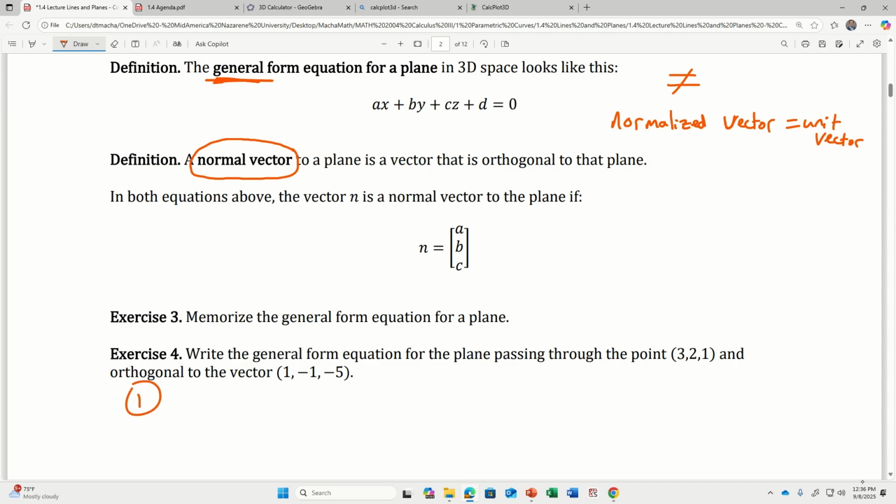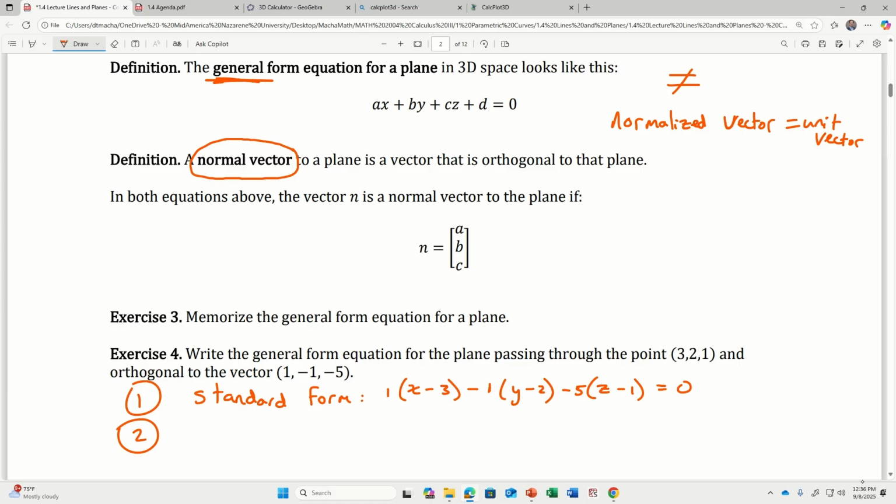And step number 1, we're going to start off writing the standard form. And we've already done this a couple of times now, but the standard form for this plane would be 1 times x minus 3 plus negative 1 times y minus 2 plus negative 5 times z minus 1 equals 0.